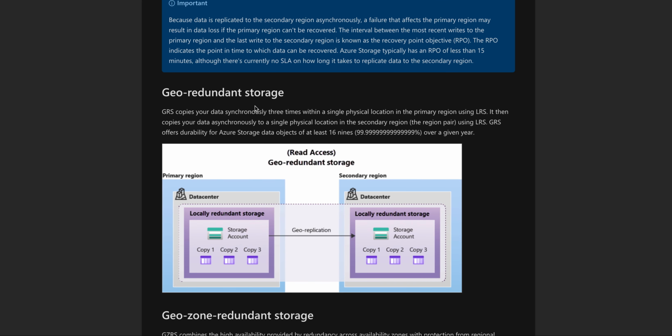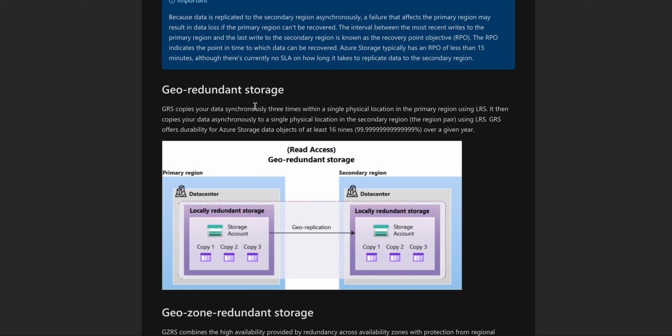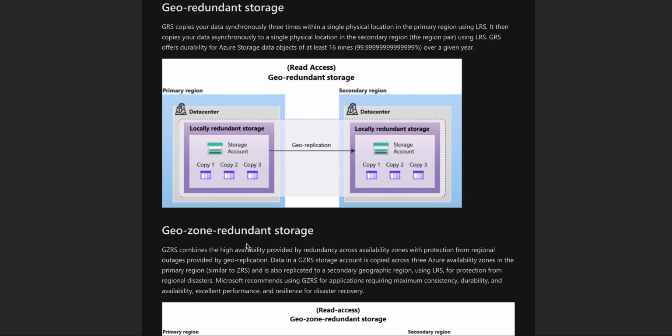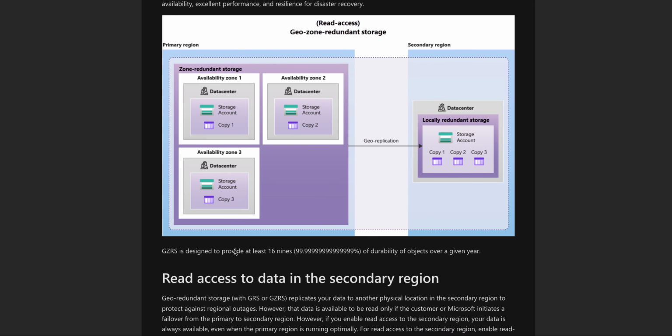And then over here you have geo redundant storage, also known as GRS, geo zone redundant storage, also known as GZRS, right?